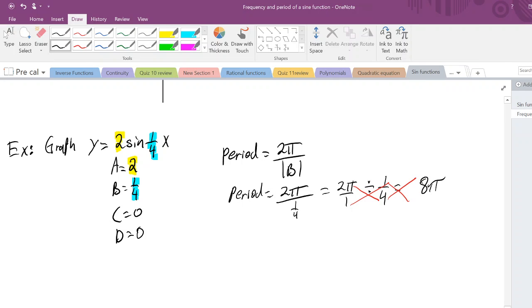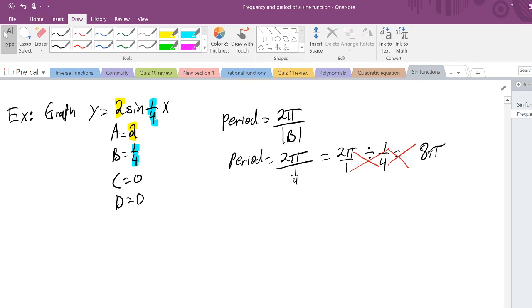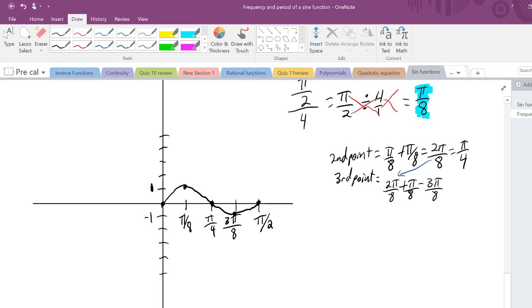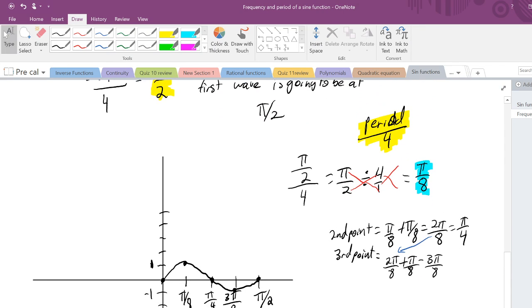Now, 8 pi is going to be the last value of the first wave, right? The last for the first interval. This is where the first interval is going to end. Now, what I told you to do before is, now you have that 8 pi, to find each x value, you're going to do period divided by 4.